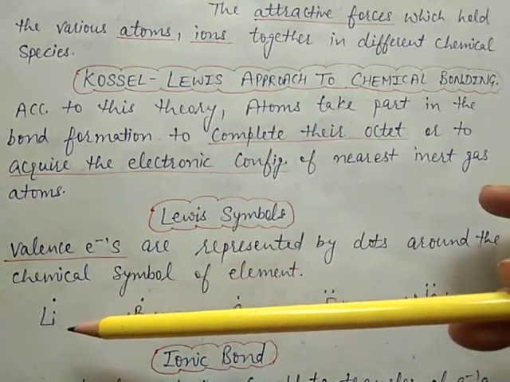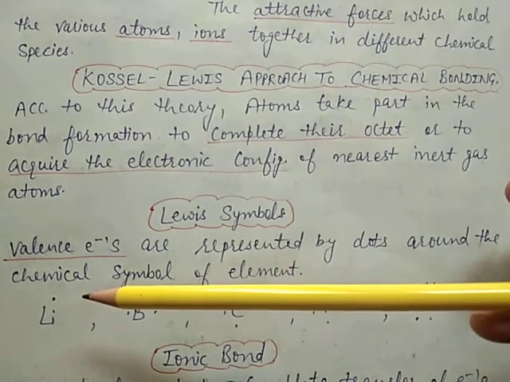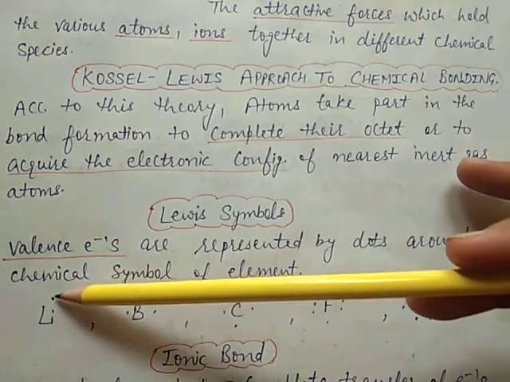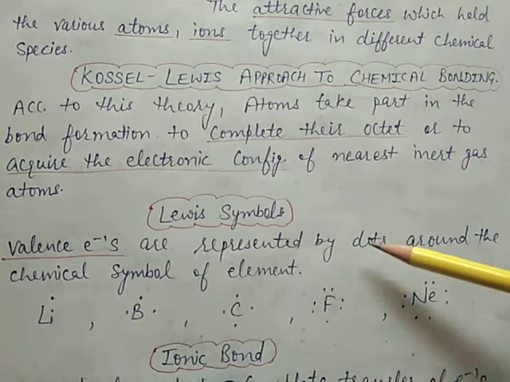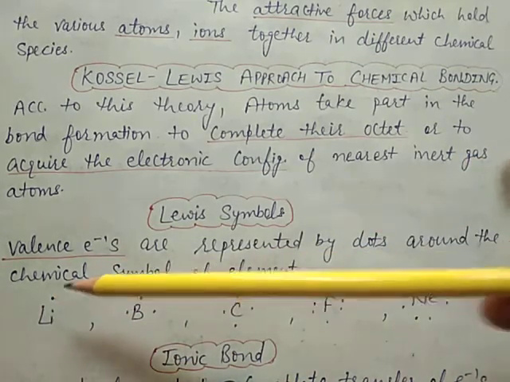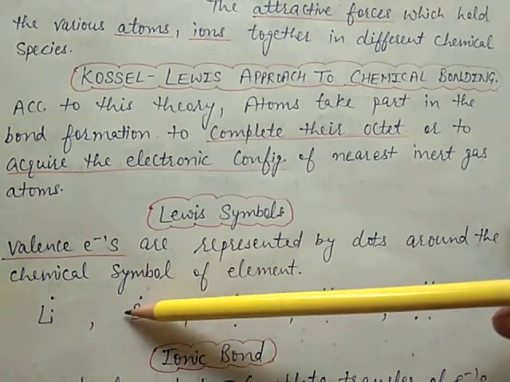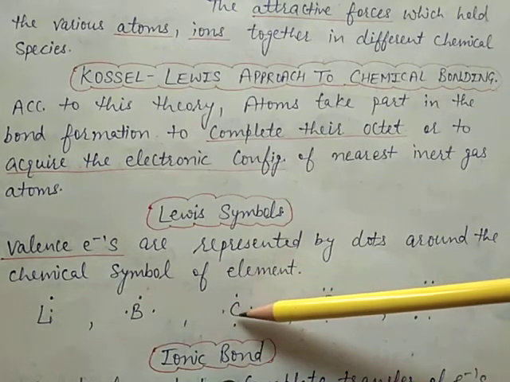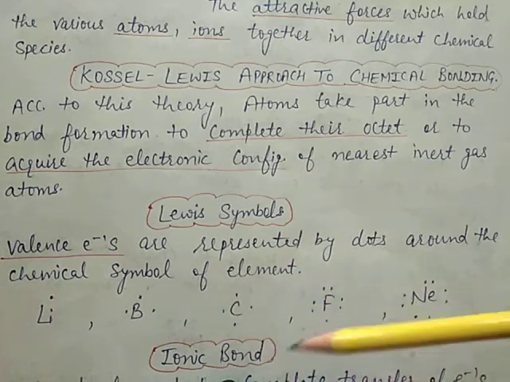Suppose this is the symbol of lithium; lithium has only one valence electron, so one dot is here. Valence electrons are represented by dots. In boron, a total of 3 valence electrons are present, 1, 2 and 3. Carbon has 4 valence electrons, 1, 2, 3, 4.